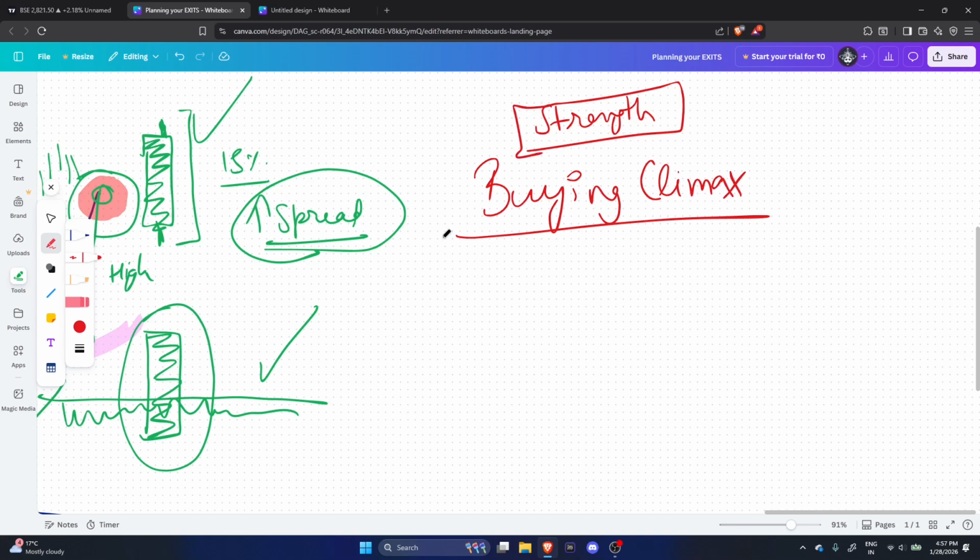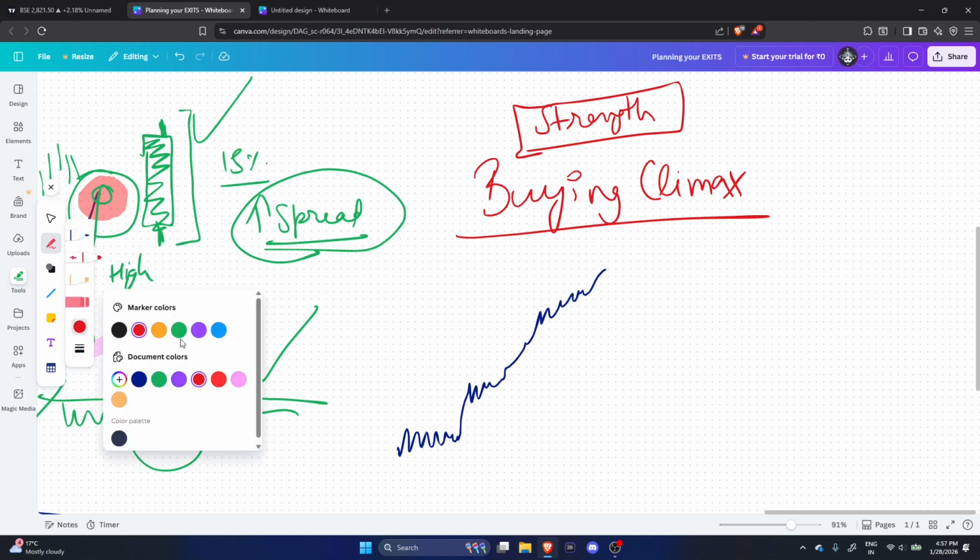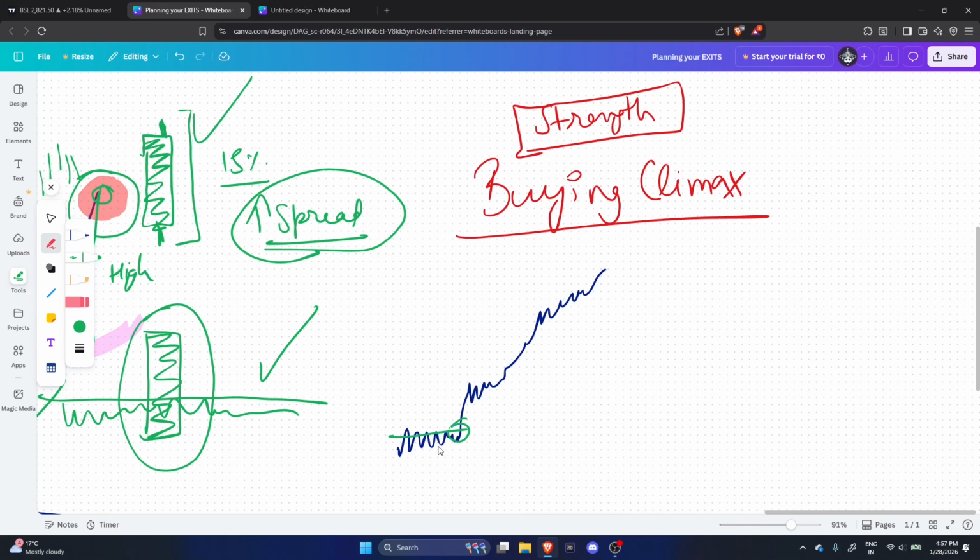Now, what does this mean? Why am I saying that this huge green candle with a lot of green volume, great price action, is a reason to exit? See, if the price was making bases, breaking out, going up and up, there will be traders who miss this breakout, this retracement, whatever.